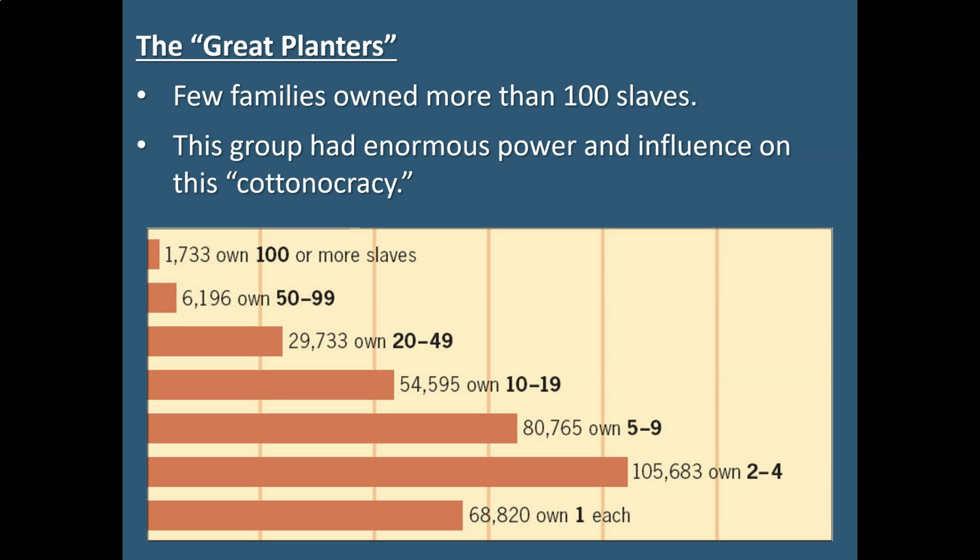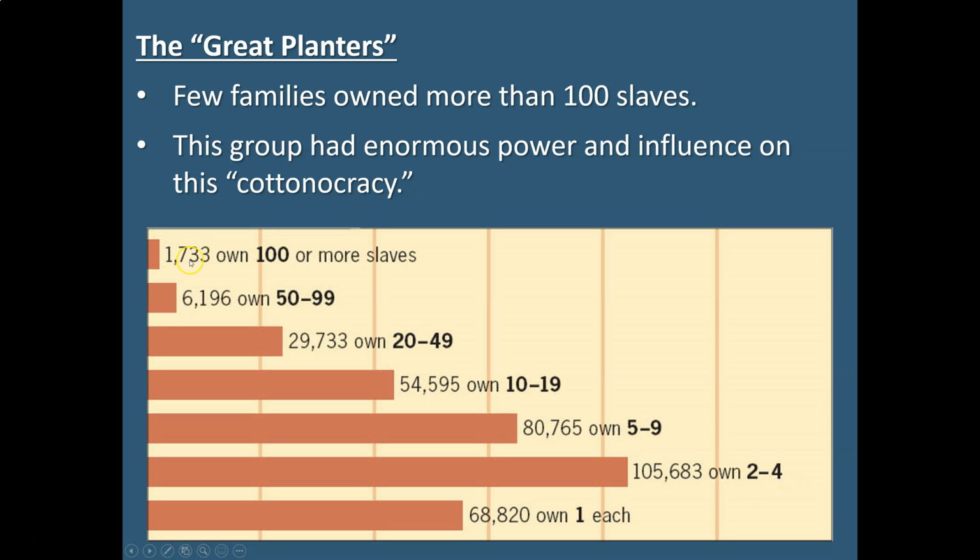Now, owning slaves, though, was incredibly expensive, and so there were only a relatively small group that could have owned dozens or more than 100 slaves. So as we look at this breakdown, we have the majority of slave owners only own 1, 2, 3, 4 slaves.